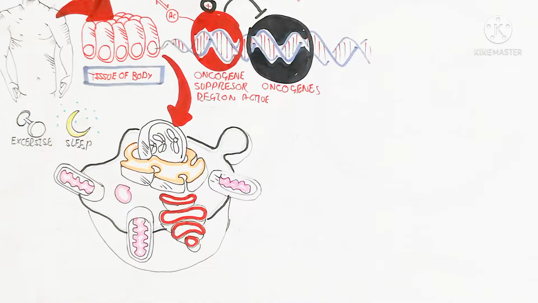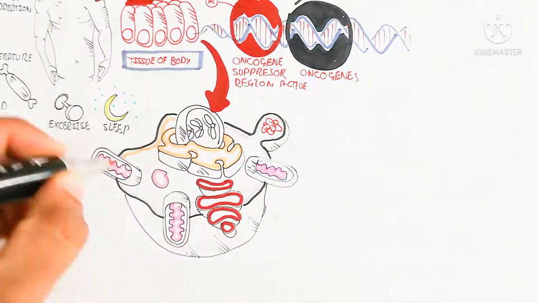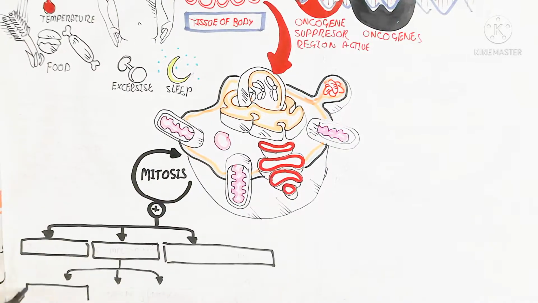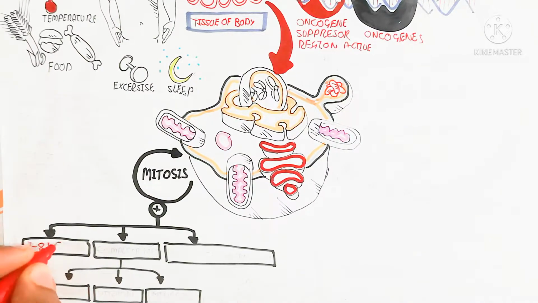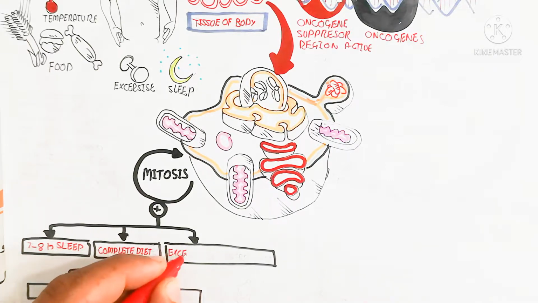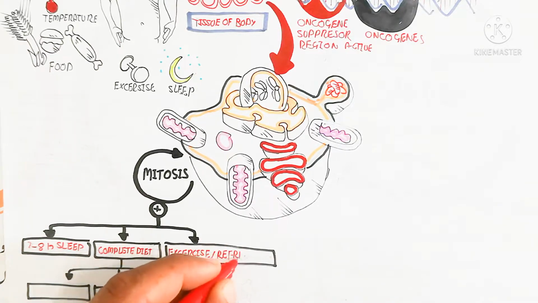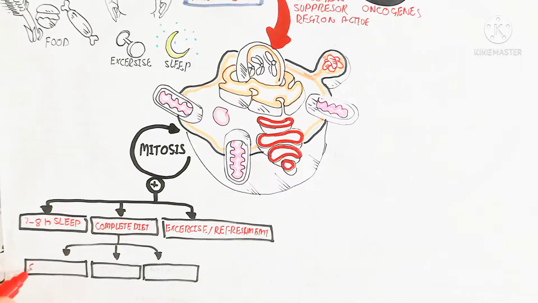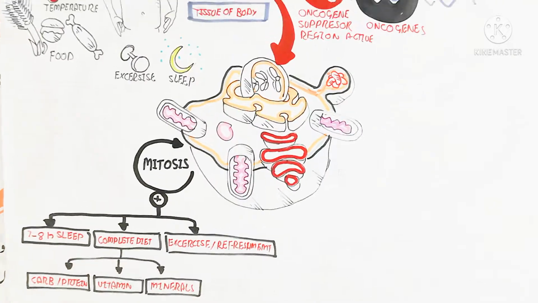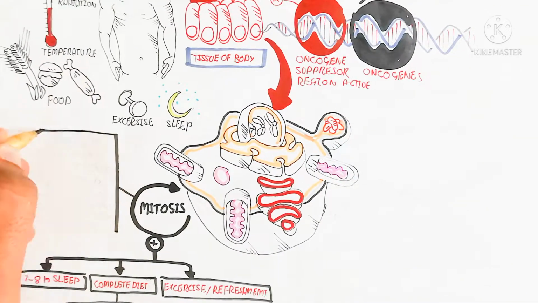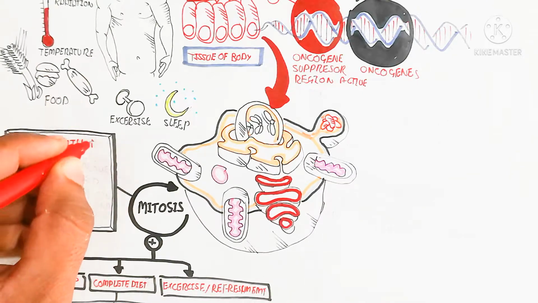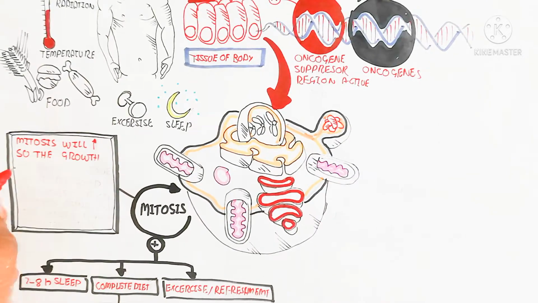We will also discuss what fasting is. So here is the cell, and we will understand the cellular structure. Here mitosis occurs to reproduce the cell itself. A 7 to 8 hour sleep gives more mitosis, as do a complete diet, exercise and refreshment, while a complete diet includes carbs, protein, vitamins and minerals.